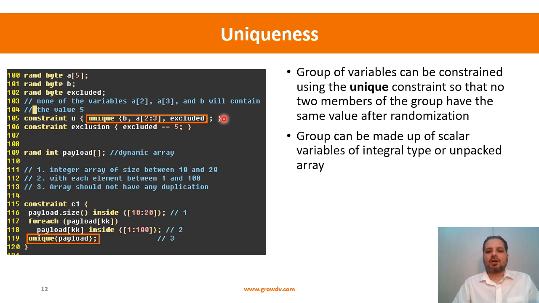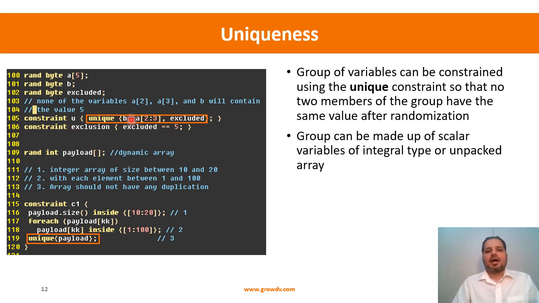The same goes for the dist and the inside operator, so you'll have two pairs. Okay, so we are saying unique. I am also putting an additional constraint called exclusion, where I am saying the excluded value should be equal to 5. So this variable excluded participates both in unique and in a separate constraint.